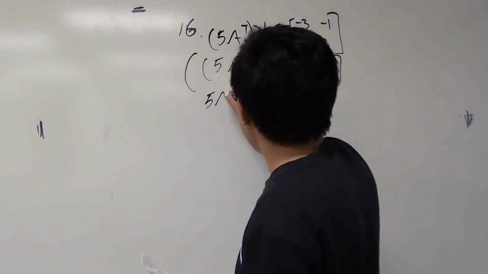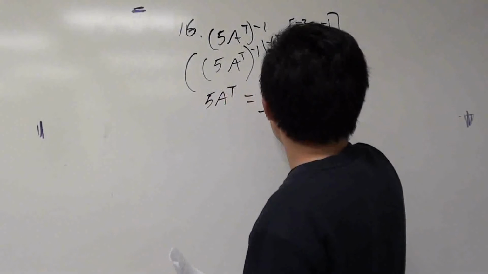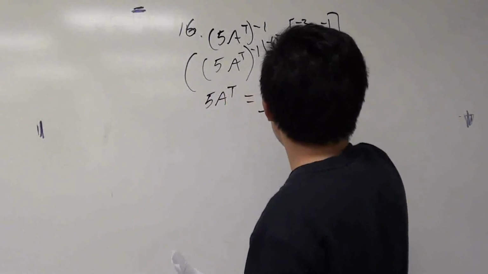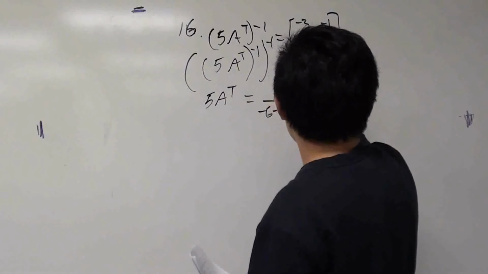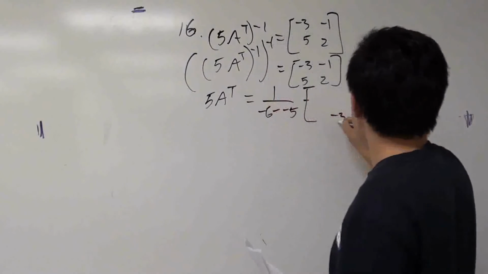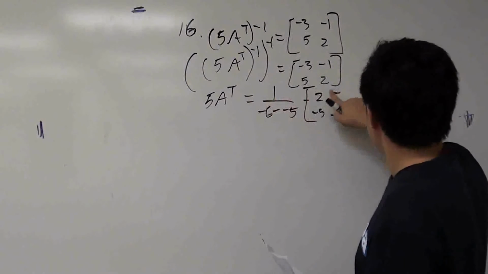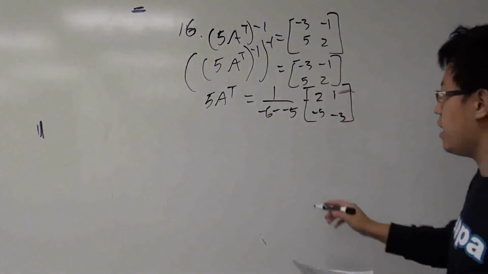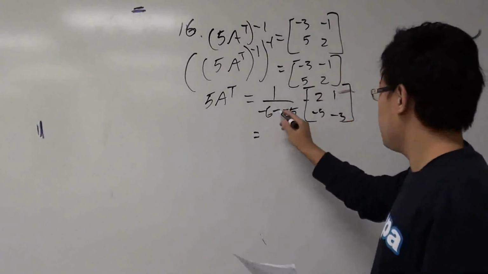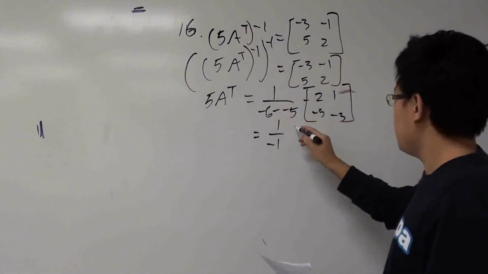So it's going to be 5A transpose equals 2, -6, minus 5, and then -3, 2. Like that. So if that's the case, then it's going to be negative, positive, yeah.